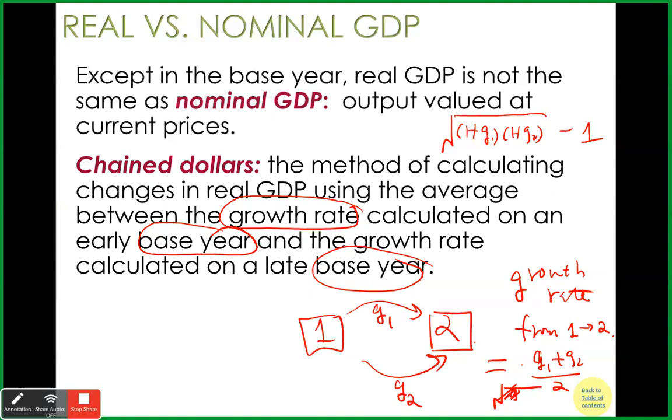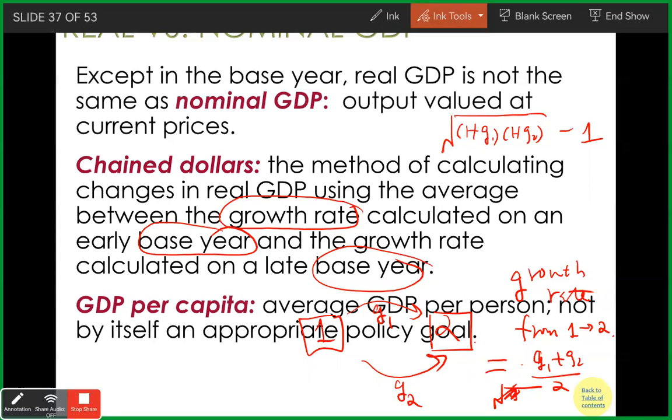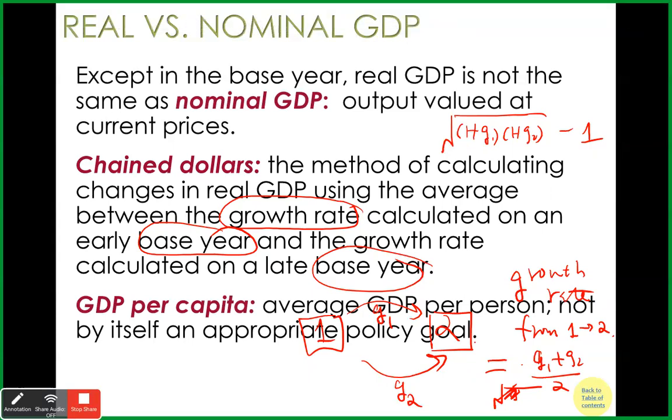Okay. And then lastly, in this part, usually we look at GDP per capita. This is the average GDP per person. Why do we look at it per capita? It's because the aggregate, the total GDP, has population growth built in.